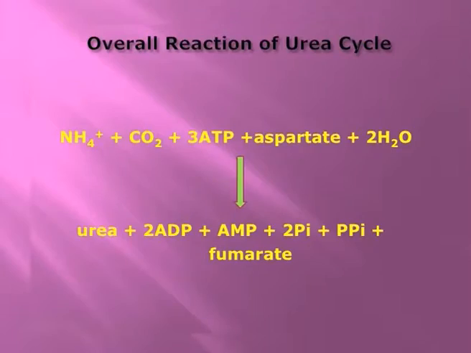An interesting piece of information is that human beings excrete about 22 pounds of urea per year. The overall reaction of the urea cycle is shown here. It is the interaction of ammonium ion, carbon dioxide, ATP, aspartate and water to produce urea, ADP, AMP, inorganic phosphate, pyrophosphate and fumarate.